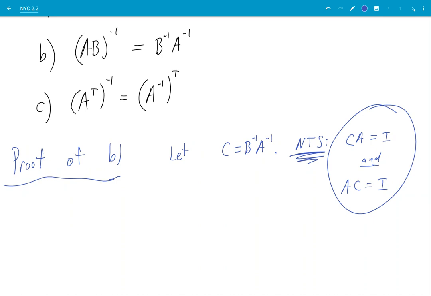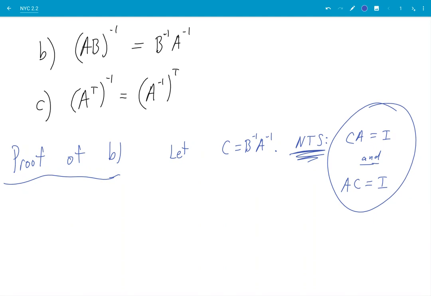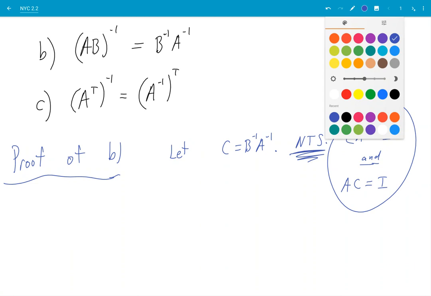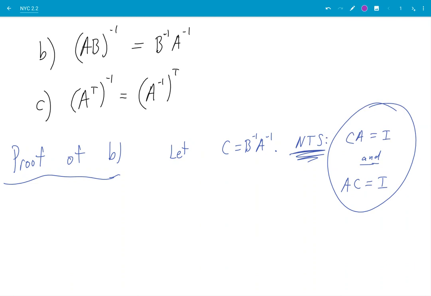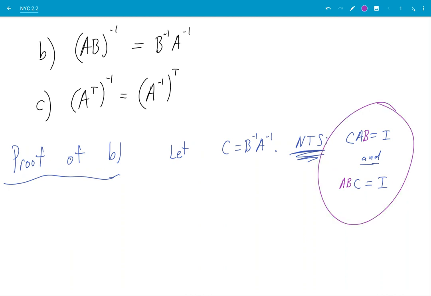I want to prove that this dude is the inverse of this matrix AB. Okay, so I need to fix this. Let's go with purple A, B. And down here I have to go A, B. Okay, so I rewrite this thing.